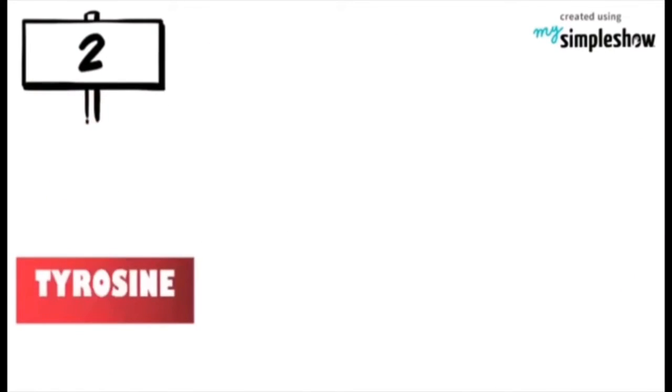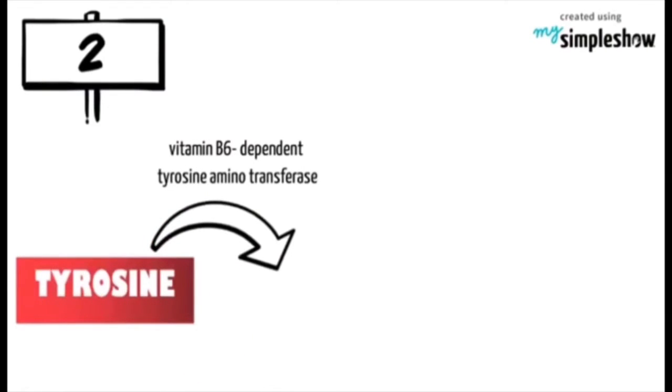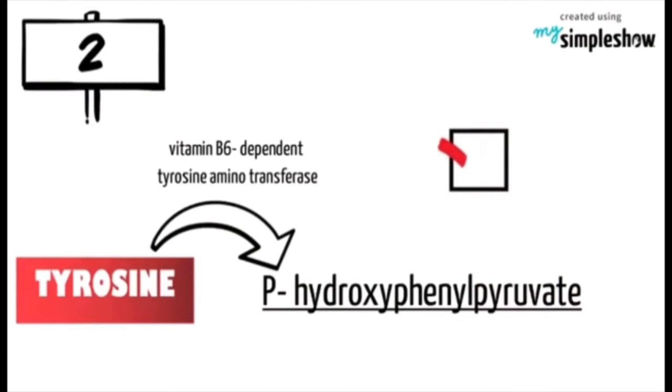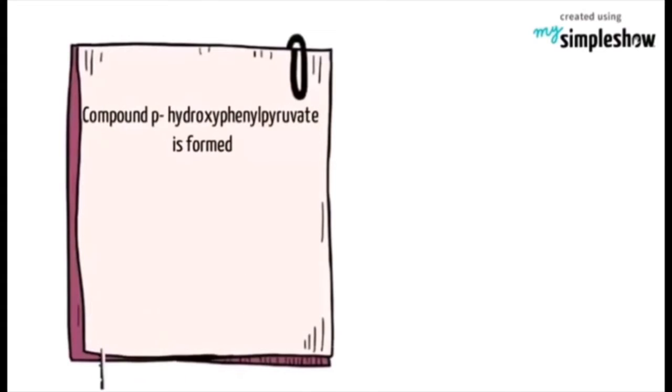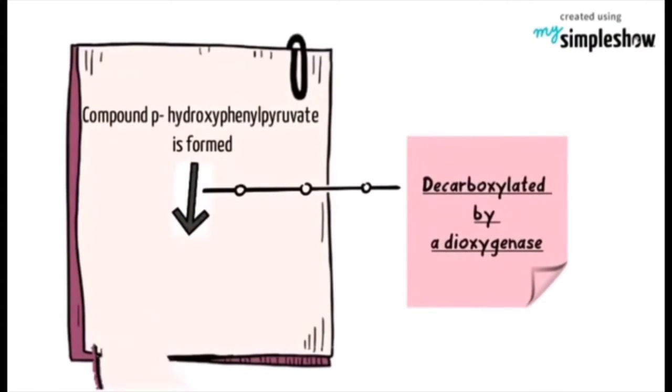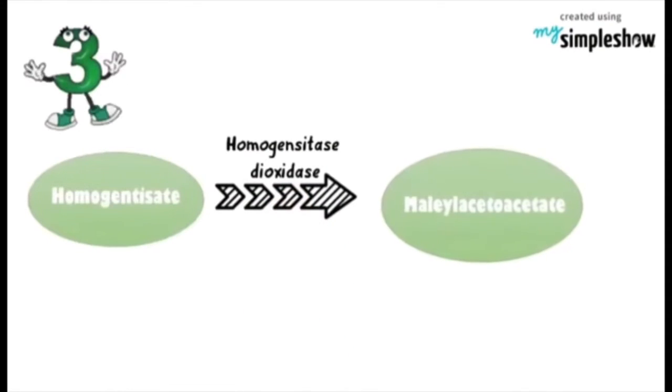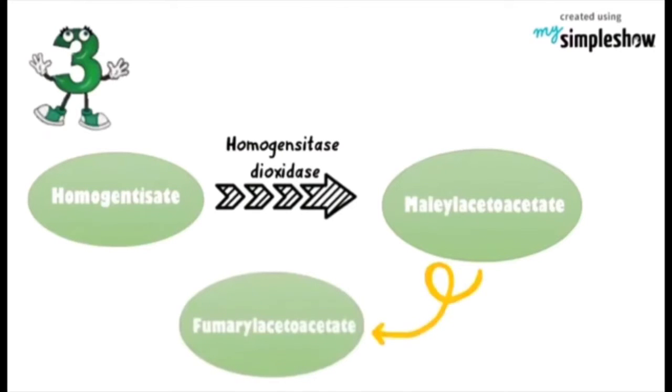2. Tyrosine degradation begins with transamination by a vitamin B6-dependent tyrosine aminotransferase to yield p-hydroxyphenylpyruvate. The compound p-hydroxyphenylpyruvate is then decarboxylated by a dioxygenase to generate homogentisate. 3. Homogentisate dioxygenase converts homogentisate to maleylacetoacetate, which is then isomerized to fumarylacetoacetate by isomerase. 4.